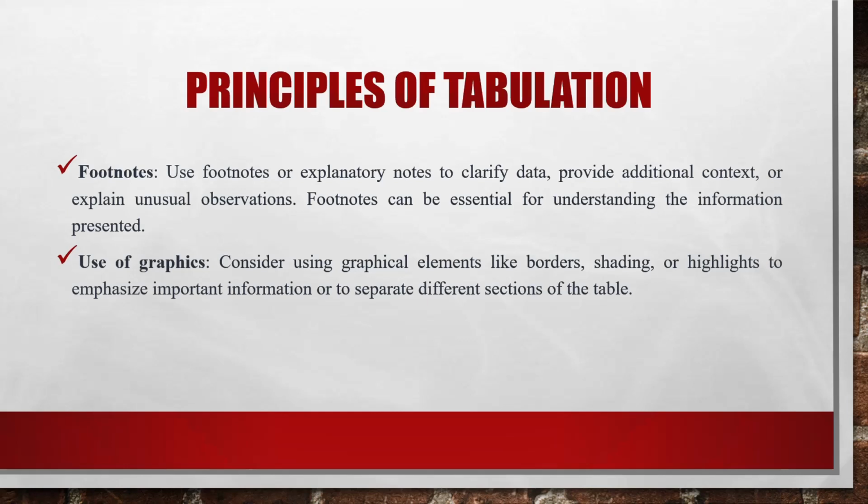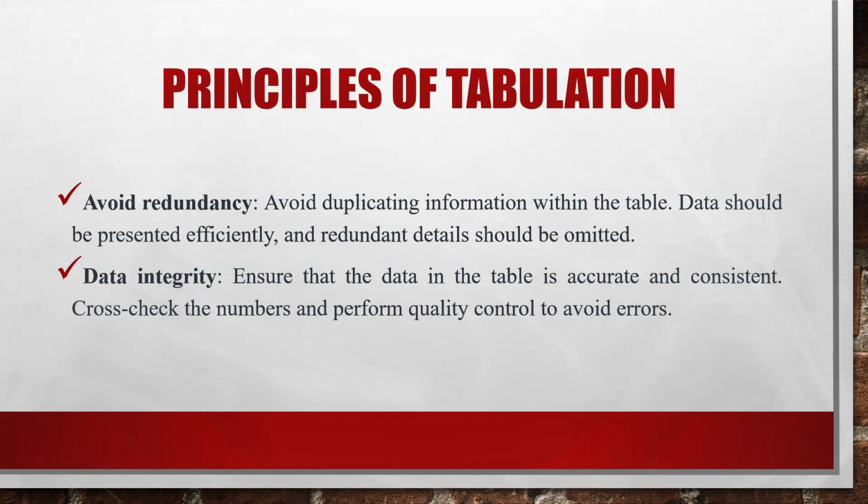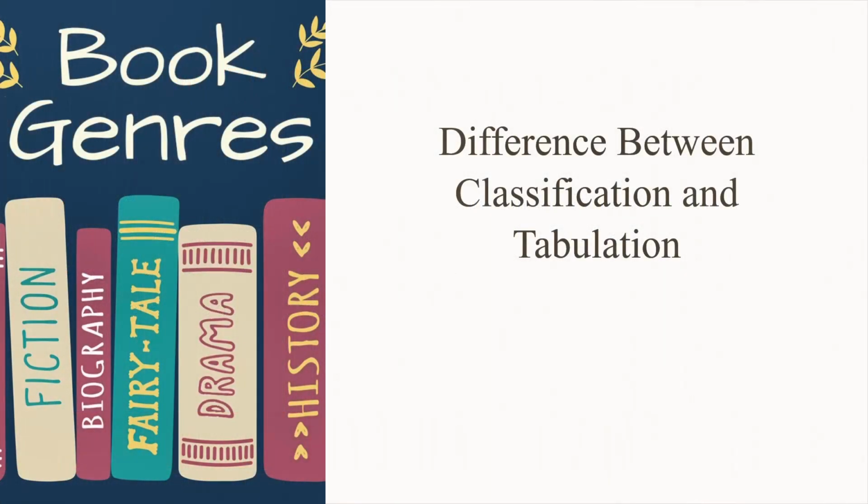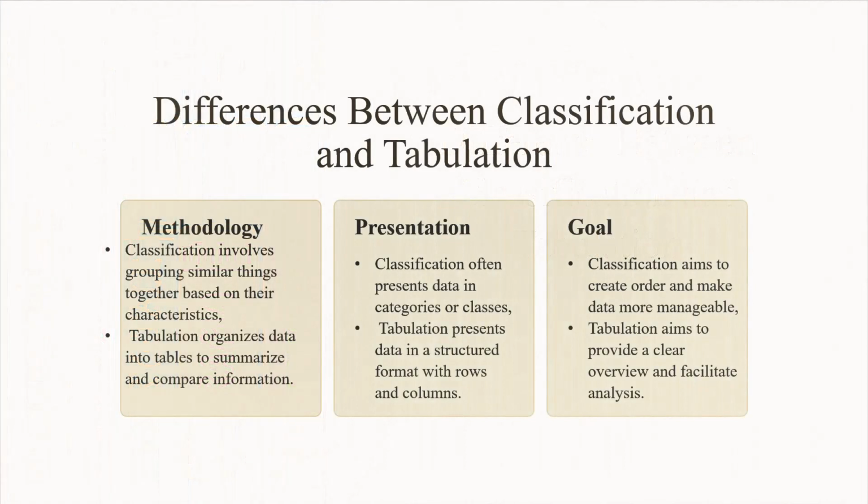We should provide certain graphics or certain highlights to emphasize the important information. Saying about the next principle, we should avoid duplication and also ensure that the data in the table is accurate and consistent.